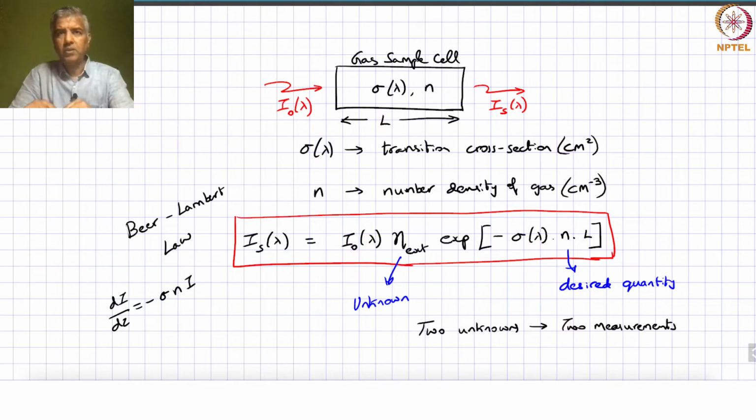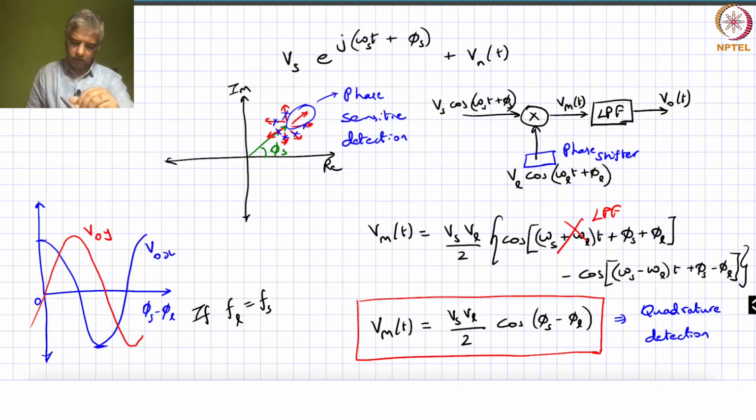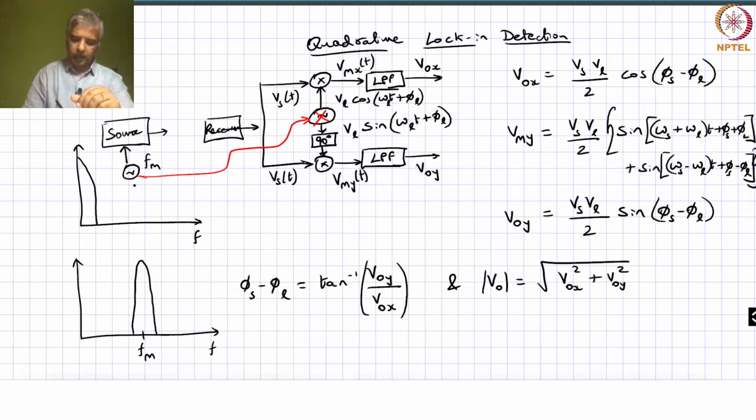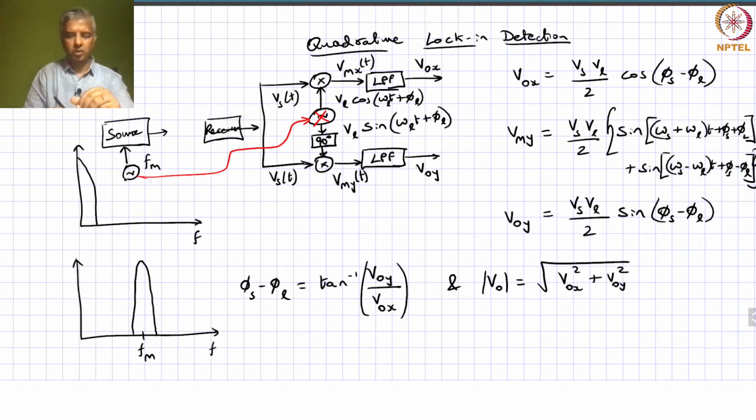And while I was talking about lock-in detection, I casually mentioned that we may want to do this at kilohertz frequencies, like 10 kilohertz and so on. I'm referring to the discussion we were having here, where I was saying that we may want to modulate the source at a particular frequency, and that could be on the order of 10 kilohertz.